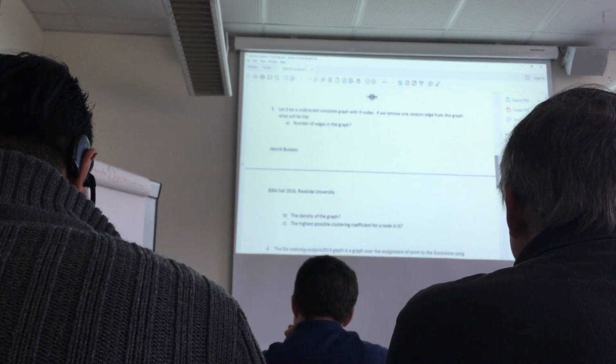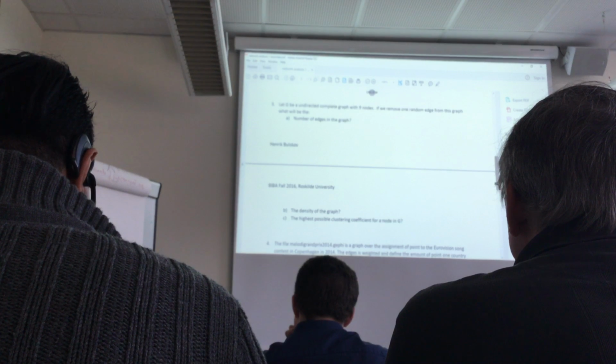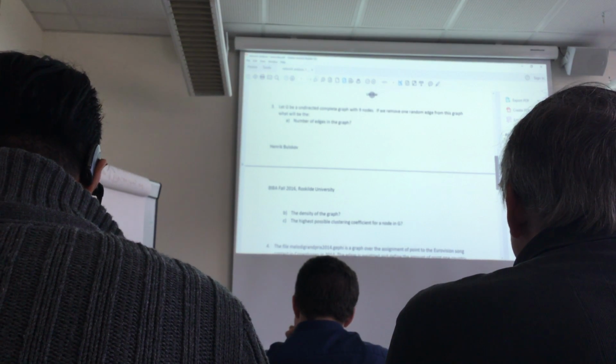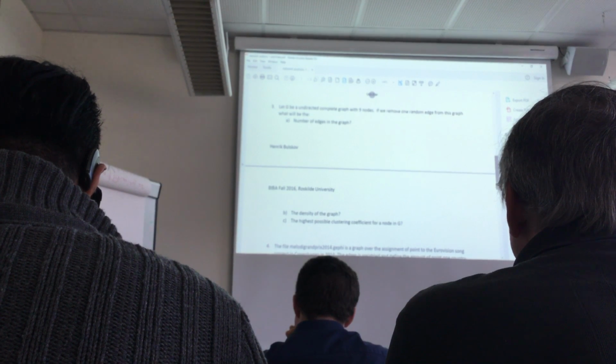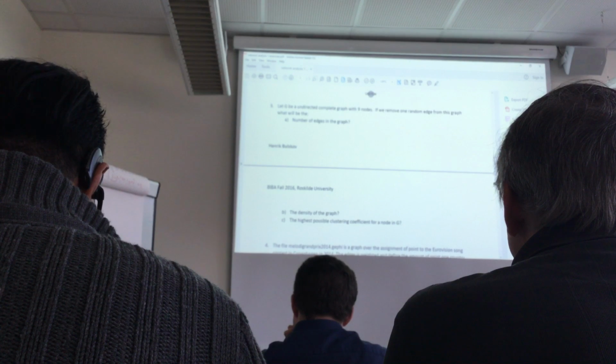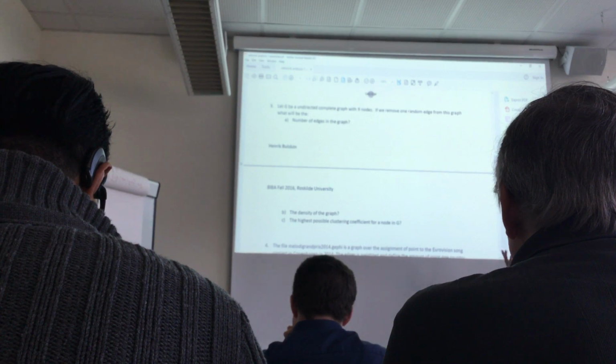The next one is pretty simple. So the density of the graph is again computable by Gephi. The density of the graph is computed by the number of edges compared to the number of possible edges.